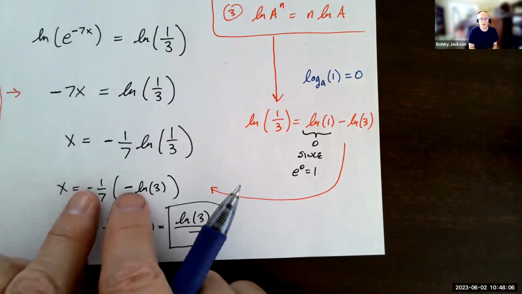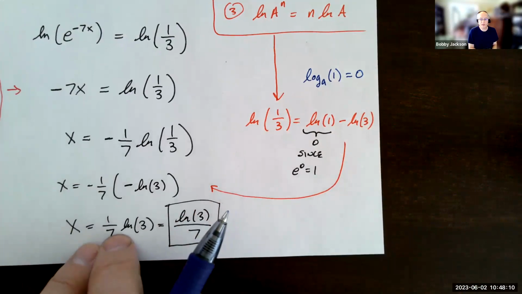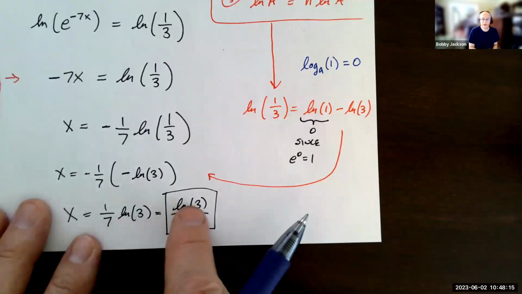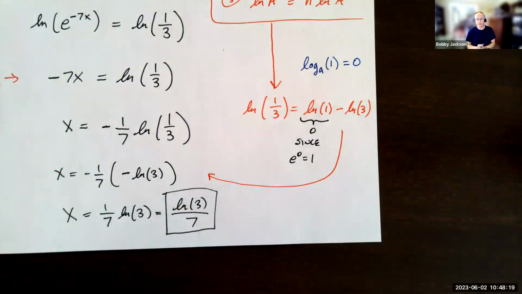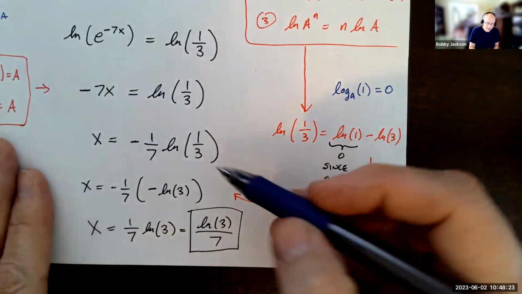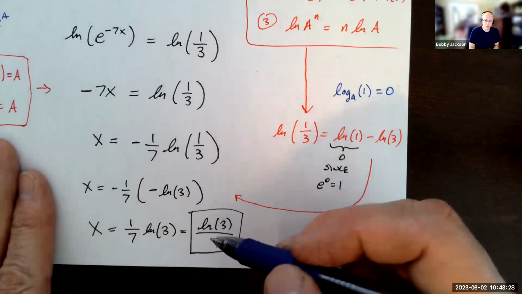And notice this works out good because a negative times a negative is a positive. So I have 1/7 times the natural log of 3. And finally, I can just rewrite that as the natural log of 3 divided by 7, right? Multiplying by 1/7 is the same as dividing by 7. This would be the most favorable form for it. I say this because Achieve sometimes will give you a little trouble. It wants it in a particular form.